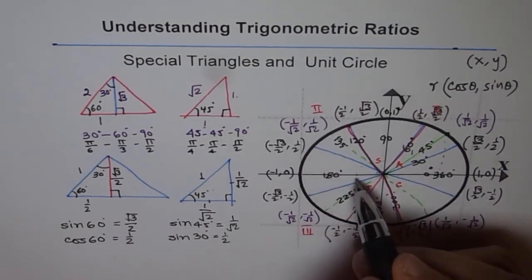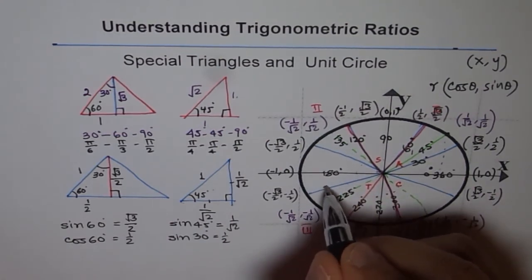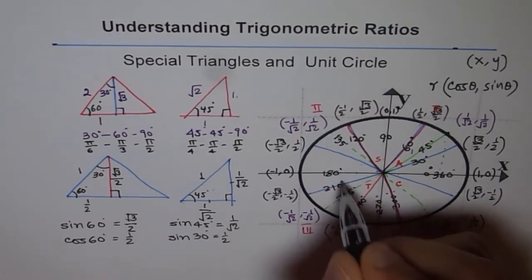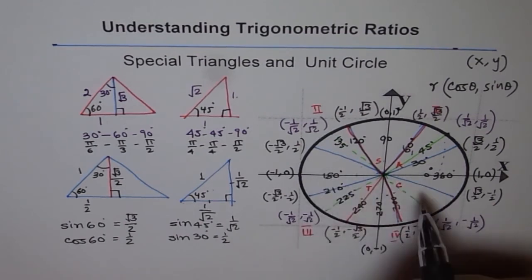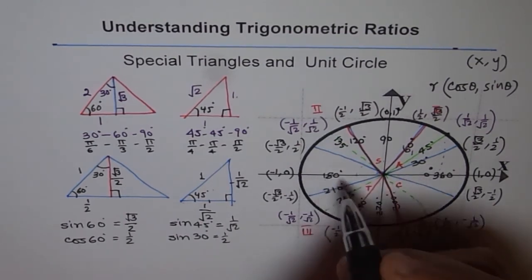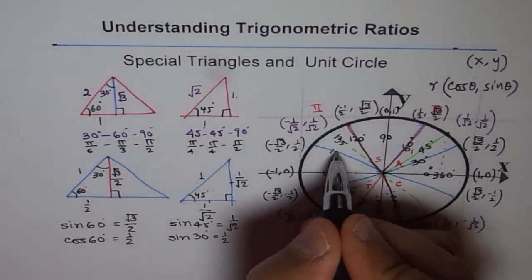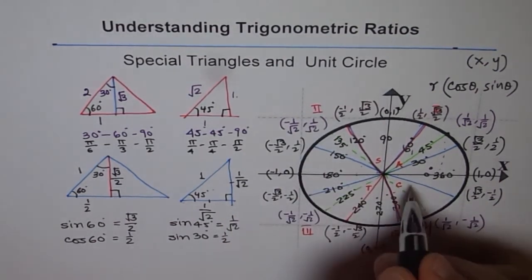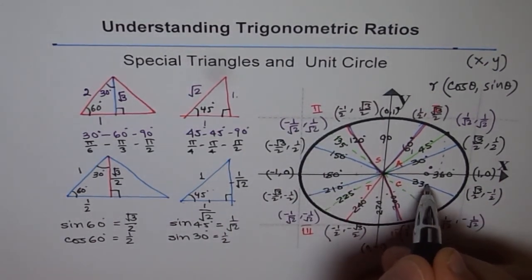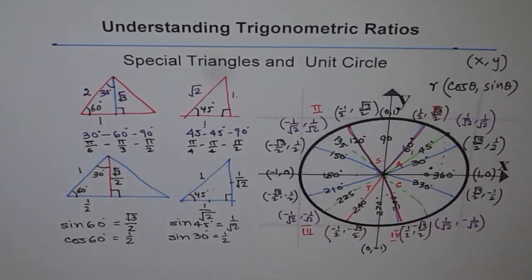And 180 plus 30 degrees gives you 210 degrees. So like this, you can fill this up, right? 180 minus 30 degrees is 150 degrees. There you go. And that is your 330 degrees. So these lines correspond to the angles which I have just written there, correct? So that completes our unit circle.